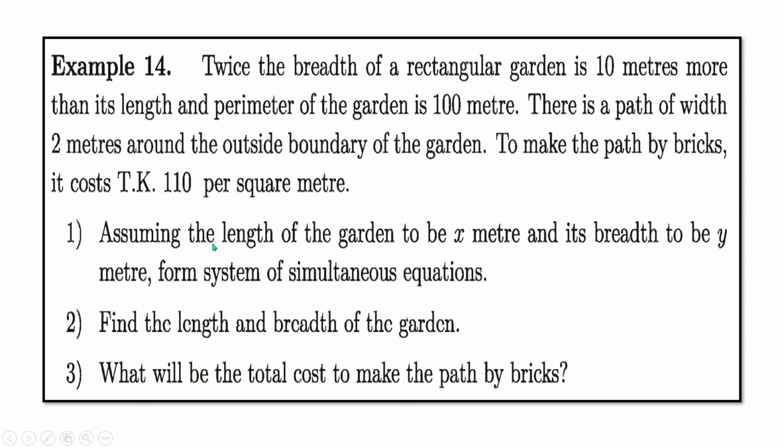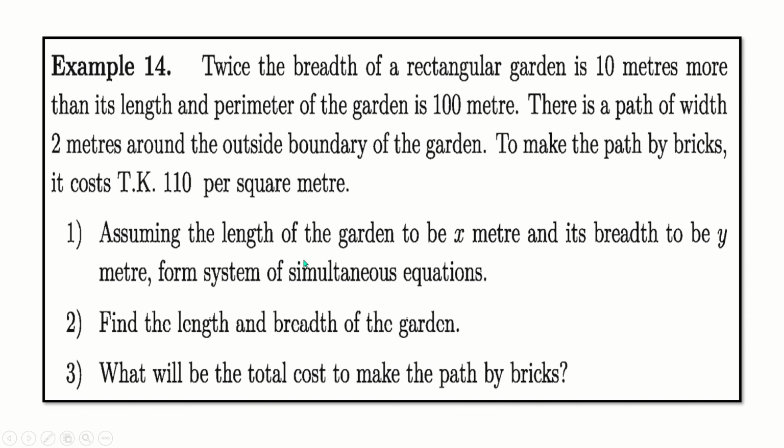One number, assuming the length of the garden be x meter and its breadth y meter, form a system of simultaneous equations. Two number, find the length and breadth of the garden. Three number, what will be the total cost to make the path by bricks.